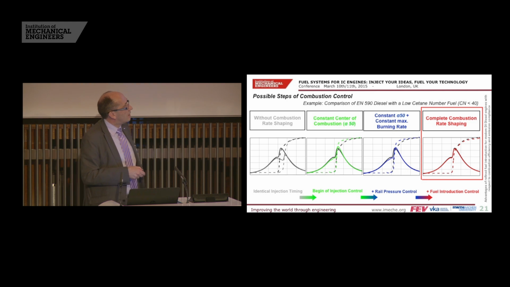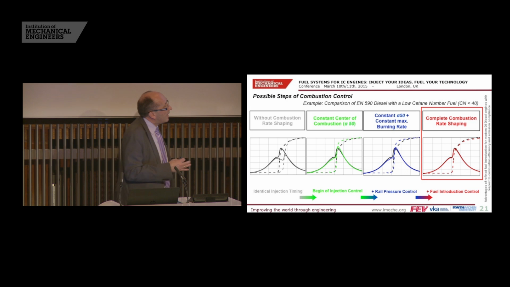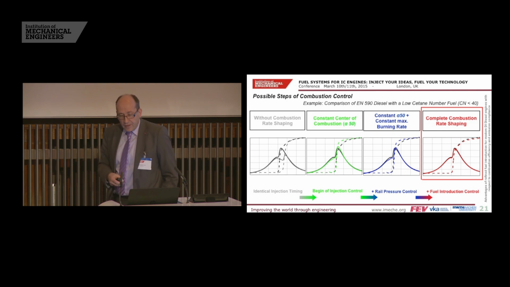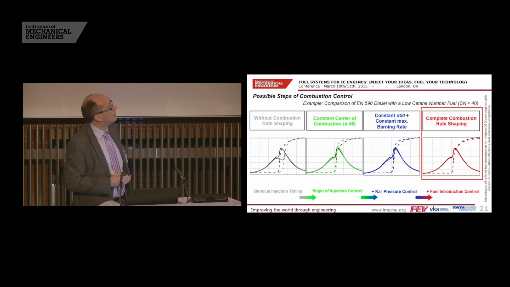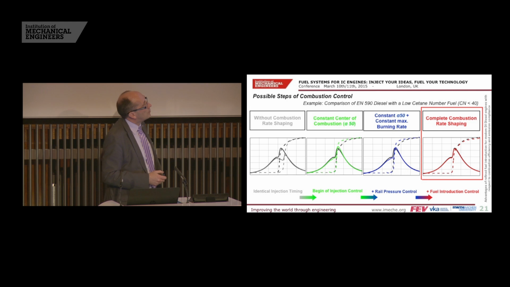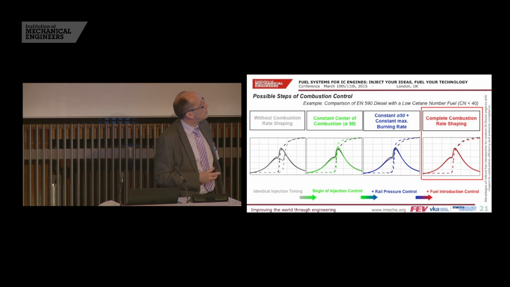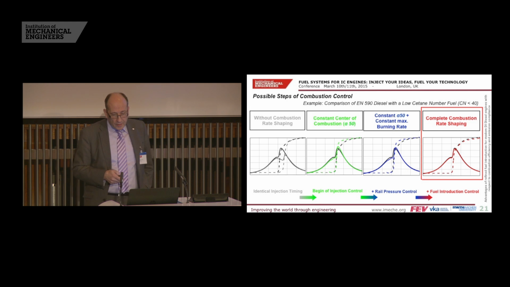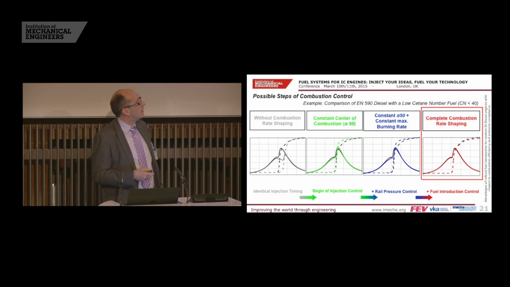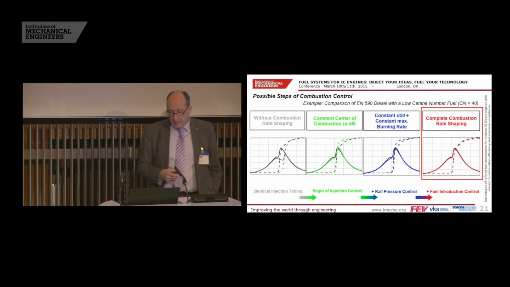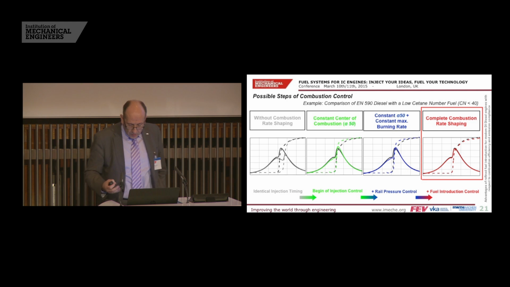So then you need a kind of active rail pressure control in order to adjust this as well. And then finally, what is more or less at the end of the road, which is the vision for the upcoming future, not talking about the next 5 or maybe 10 years, but maybe a little bit later, is that we want to be able to have a more or less complete combustion rate shaping by organizing the introduction of the fuel into the combustion chamber within one working cycle.